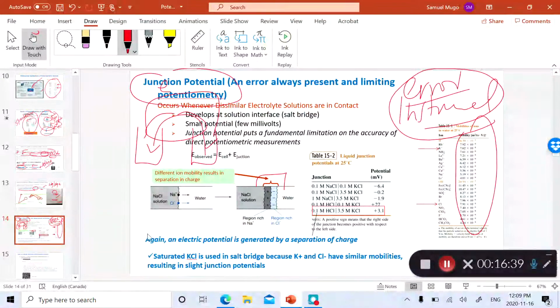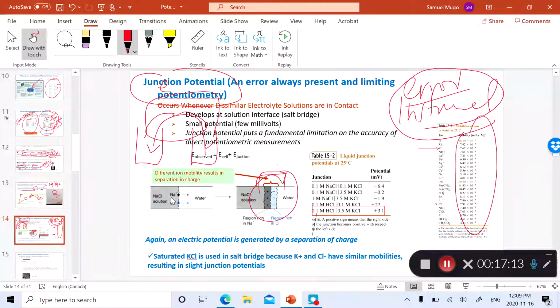For example, sodium chloride in water dissociates into sodium ions and chloride ions, and of course we know this is an electrolyte. Looking at the electrophoretic mobility, the chloride ions move faster than the sodium ions. They are lighter, so they accelerate faster, resulting in the charge separation.